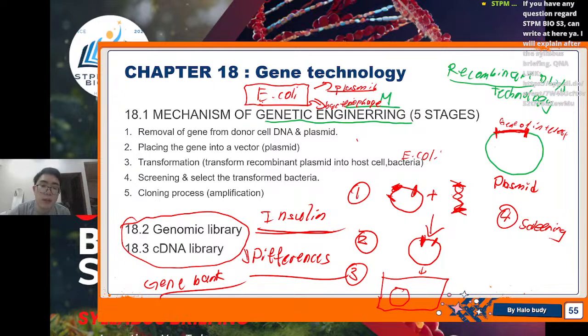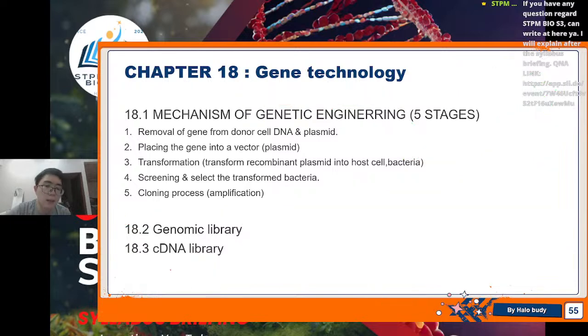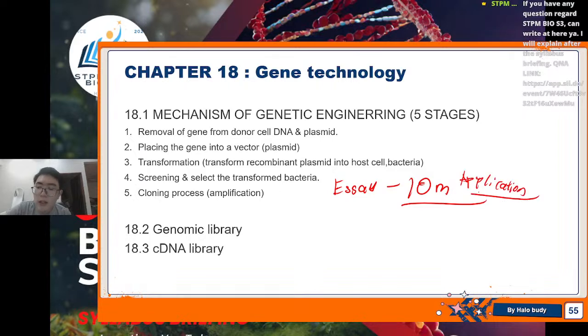So actually this chapter, in examinations, if it comes out, normally it is an essay question worth 10 marks. Explain, but it will involve application. Application 1 will involve explaining the mechanism of genetic engineering.